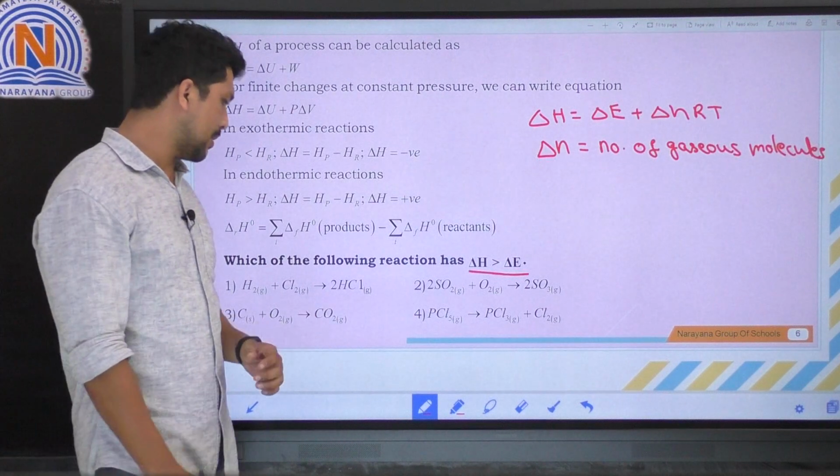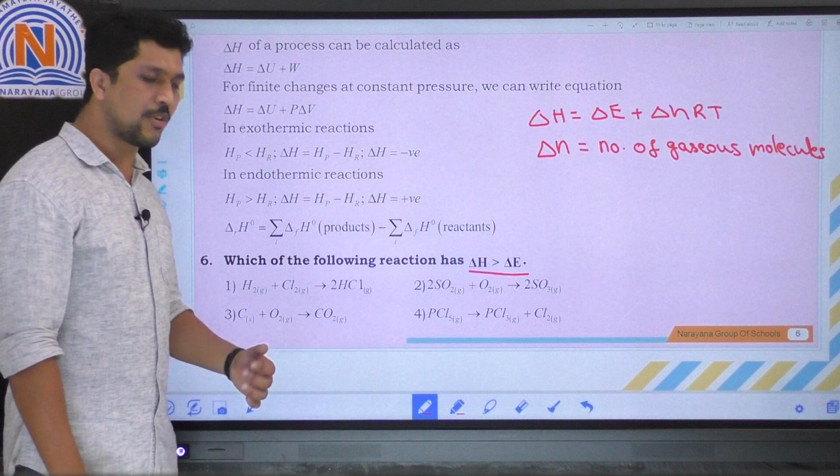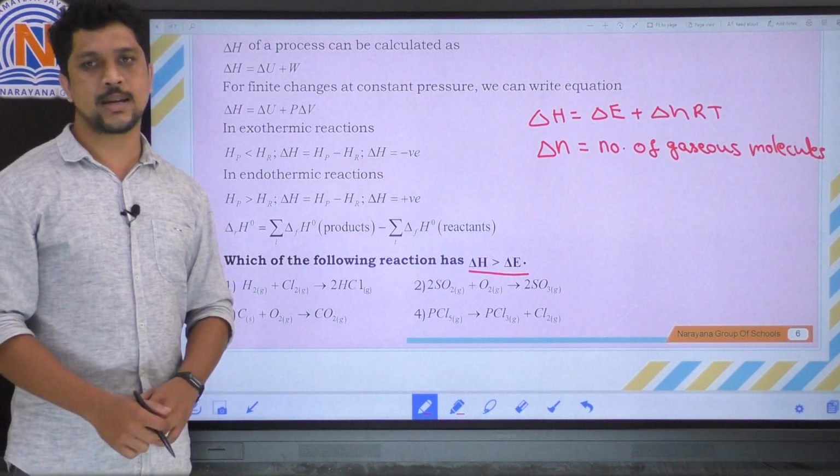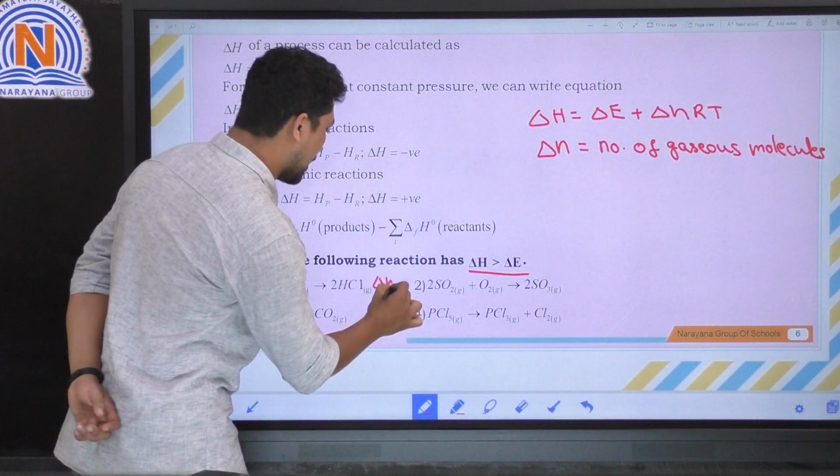Now see the options. The first option, H2 gas reacts with Cl2 and produces 2 HCl gas. There delta n equal to 0.